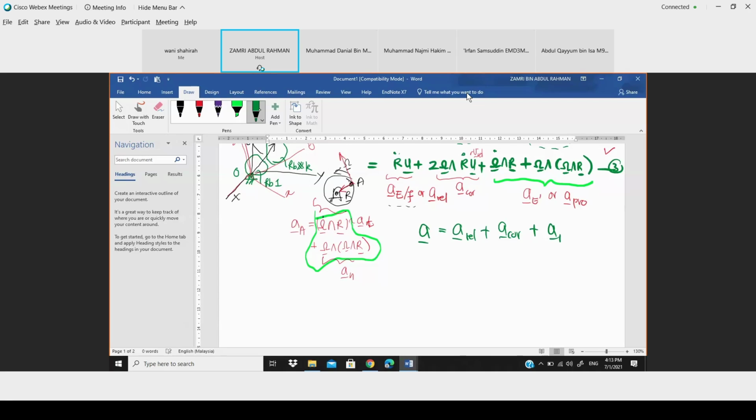Or compare this with some textbook, Beer and Johnston for example, it will be written as A relative to the moving frame plus A Coriolis plus A of the point E prime fixed to the body.